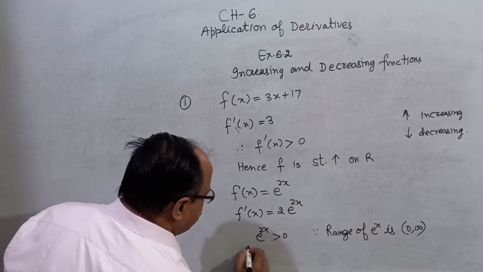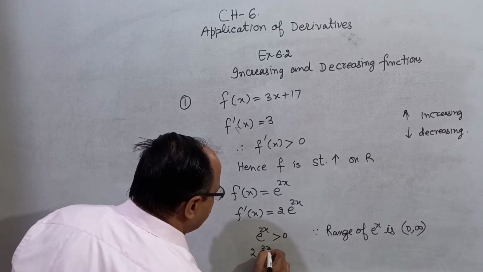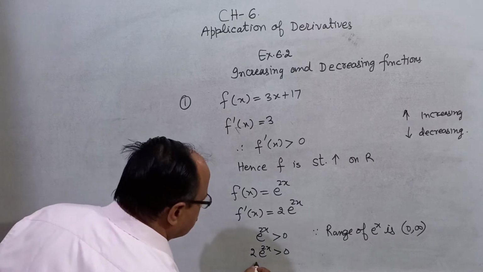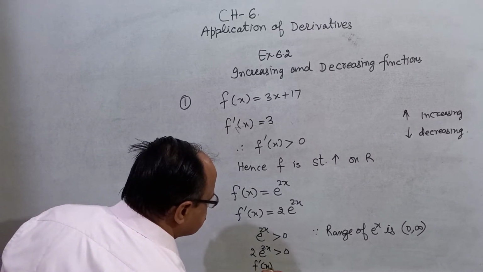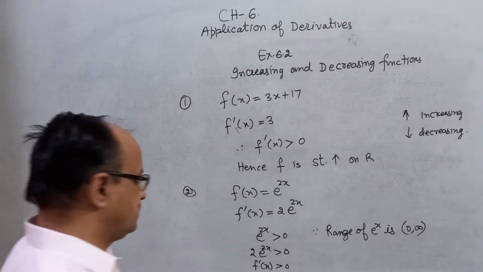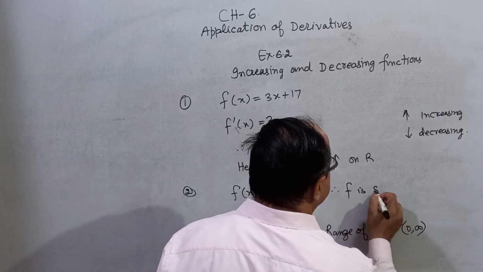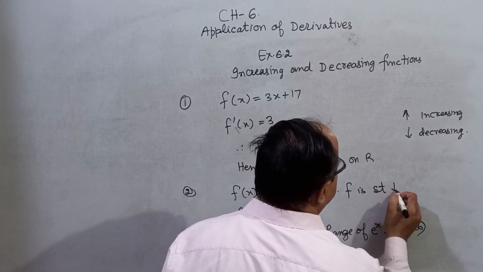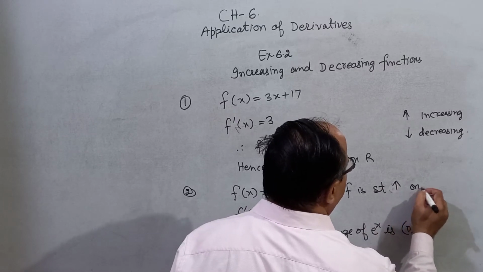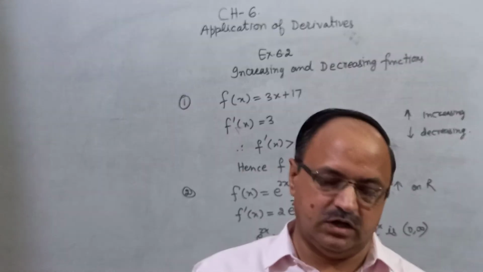When you multiply by 2 on both sides, that is also greater than 0. So 2 e to the power 2x is greater than 0, or you can say f dash x is greater than 0. If f dash x is greater than 0, then you can say the function is strictly increasing on R. This is the second question, simple, clear?